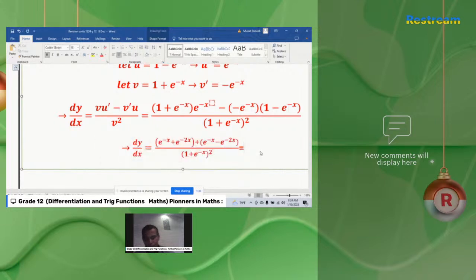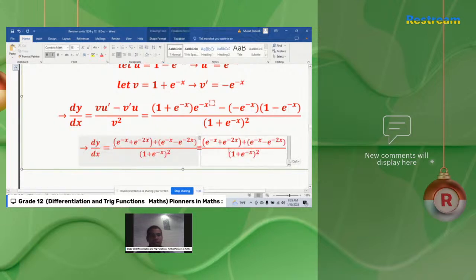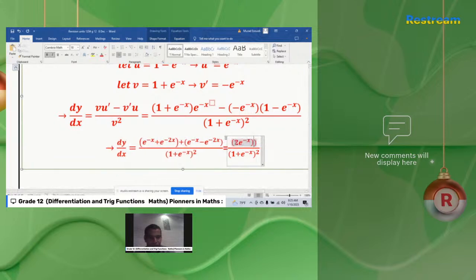Now we told 2 times exponential minus x plus... we told that exponential minus 2x minus exponential minus 2x is 0. So this is the last answer.